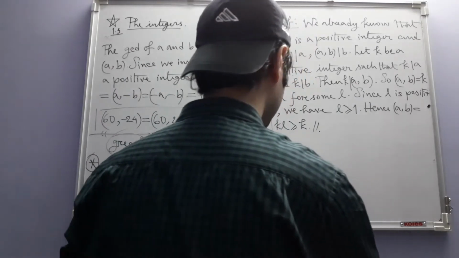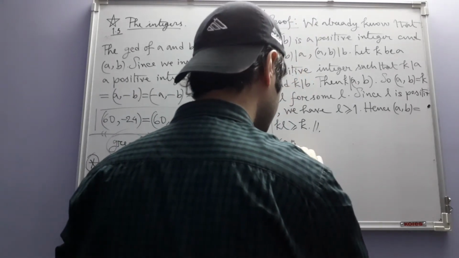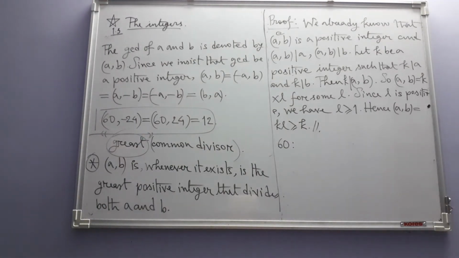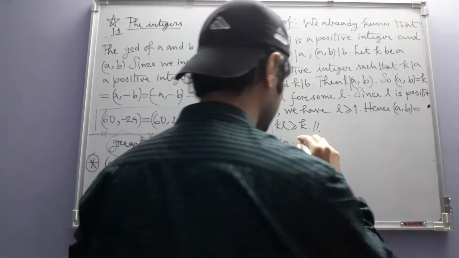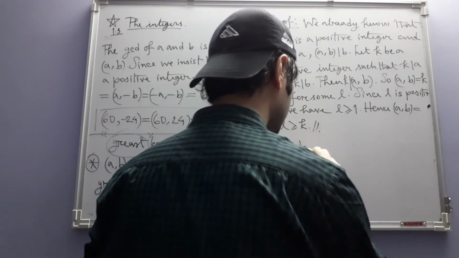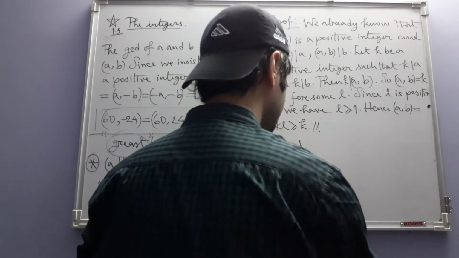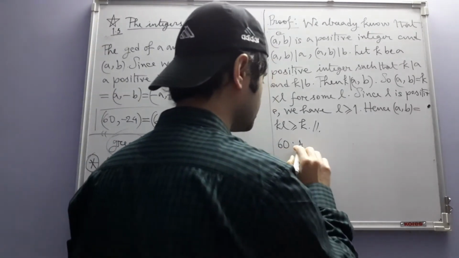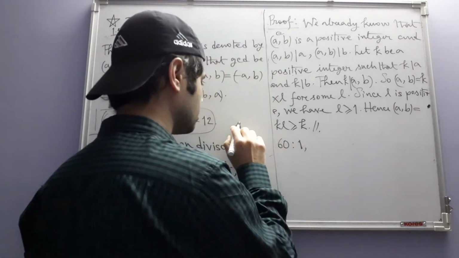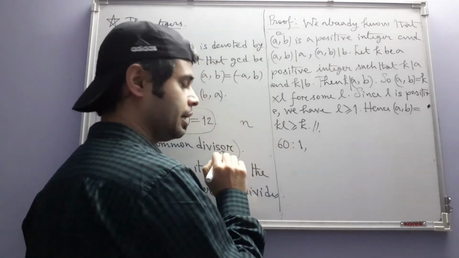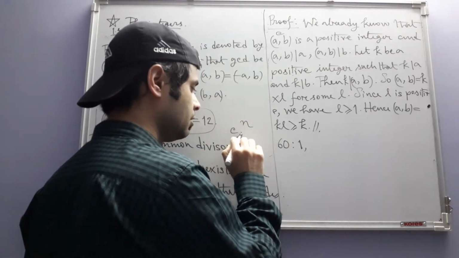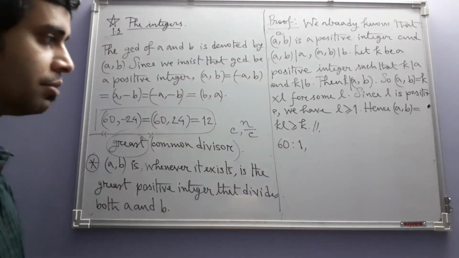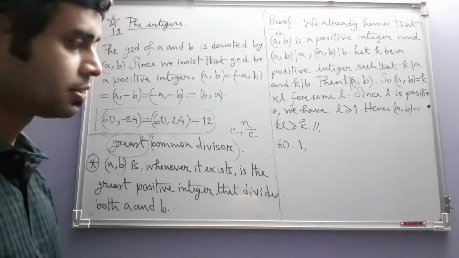If I look at the divisors of 60 which are positive, what are they? An easy way to find the divisors is that if your given number is n and c is a divisor, then n by c is also a divisor. So that will give you divisors in pairs.